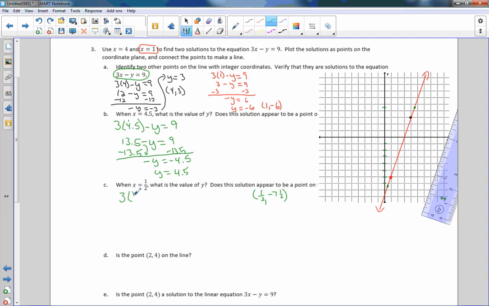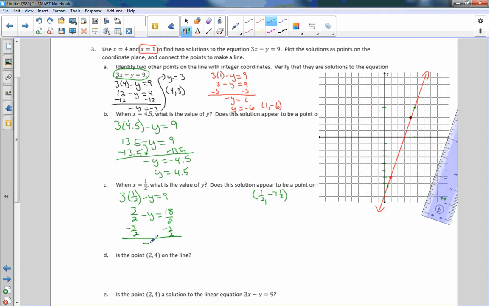3 times 1/2 minus y equals 9. 3/2 minus y equals 9. And let's change 9 to halves, because we're going to have to add or subtract a fraction. So it's going to be 18/2. So to get rid of this 3/2, I've got to subtract 3/2 from both sides.